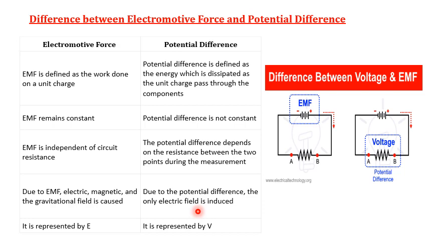Only the electric field is induced due to potential difference. Electromotive force is represented by capital E. Potential difference is represented by capital P. These are the differences between electromotive force and potential difference.